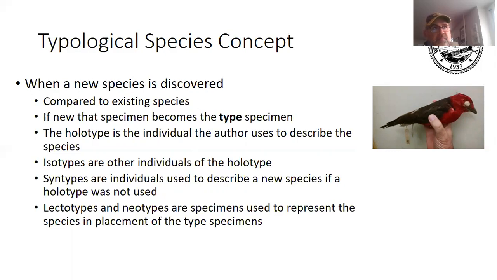Or think about marine sessile organisms like barnacles that gather together. You may collect a few, you pick out one to be the holotype and the others are the isotypes. And then if you don't have a holotype, you can have syntypes and lectotypes and neotypes, and all these things are used to represent a new species and can be the representative by which you compare a new specimen, okay?